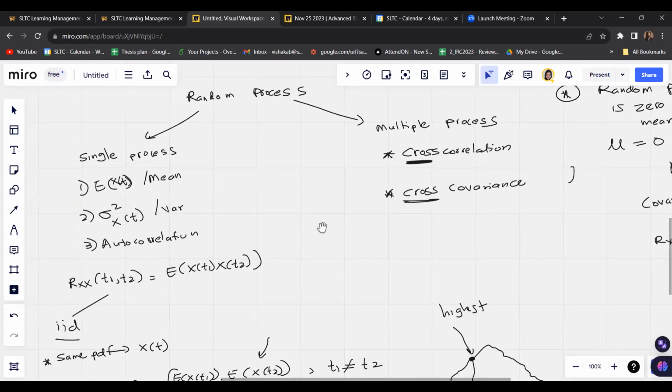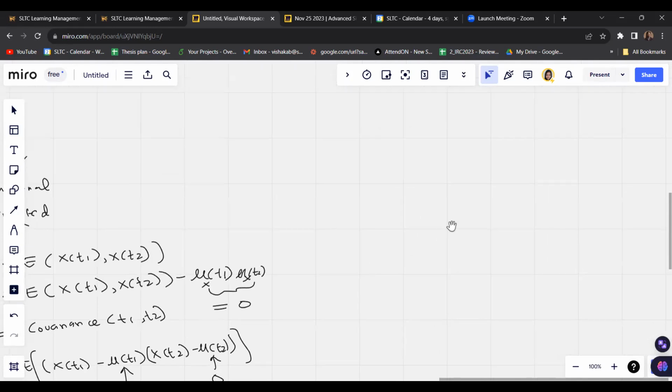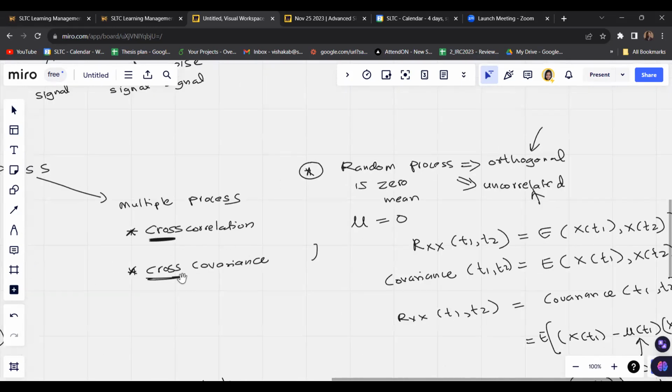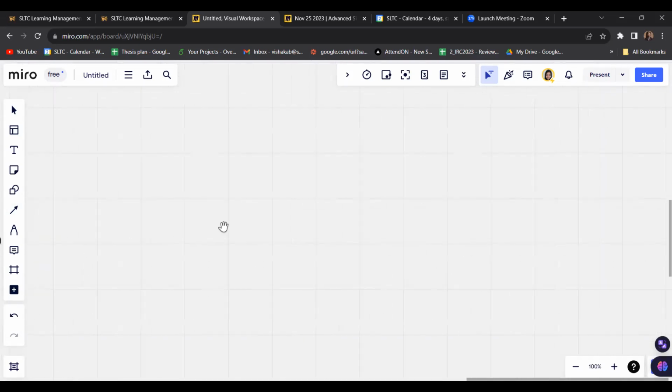We discussed single random processes and multiple random processes, and under each we discussed different statistics or mathematical functions that define the mean value, variance value, autocorrelation value, and cross correlation value. Likewise, for the multiple case, we discussed the functions that define the cross correlation and cross covariance.